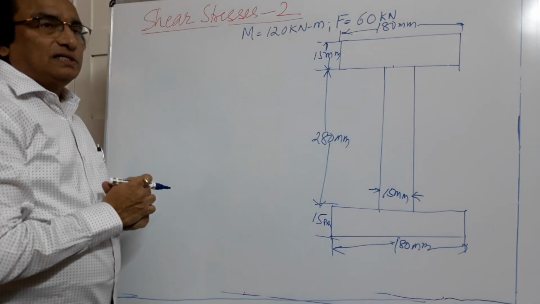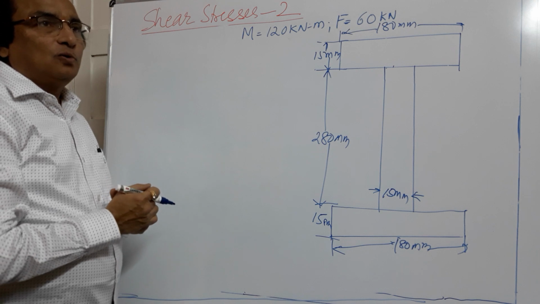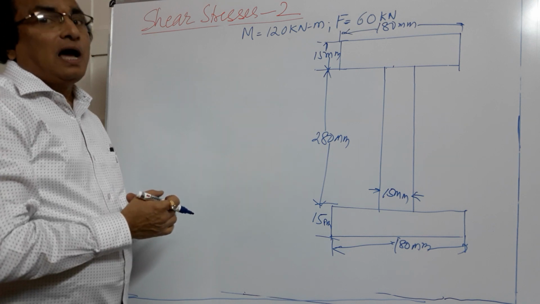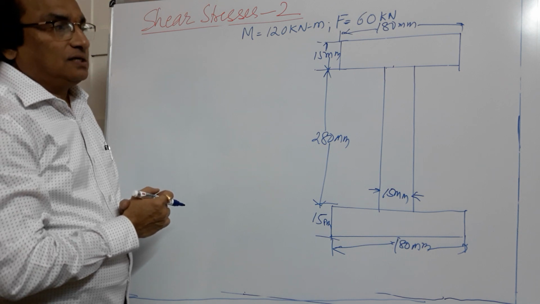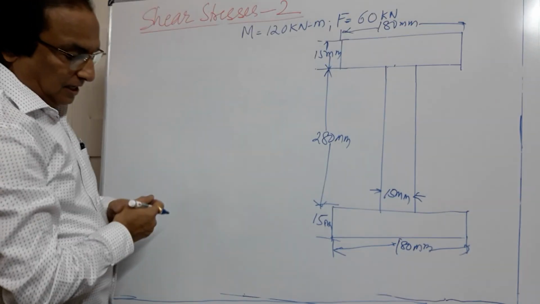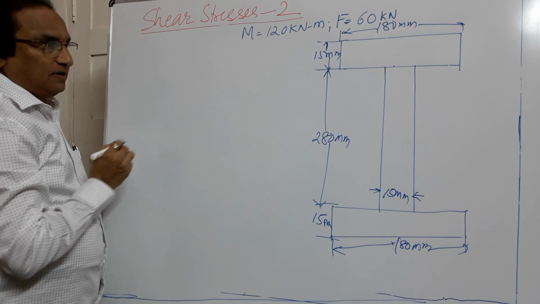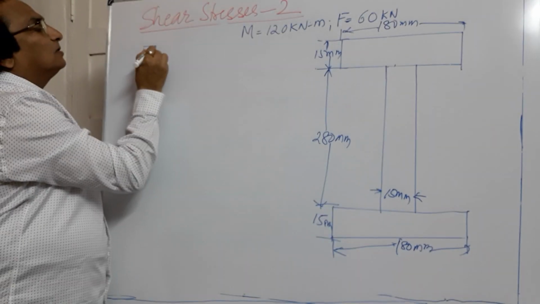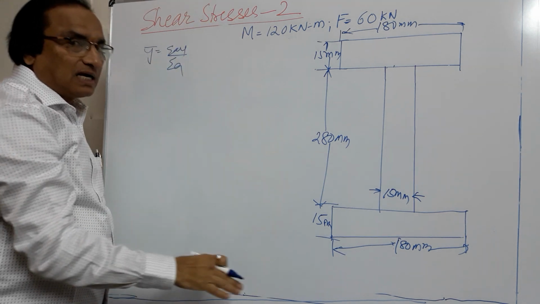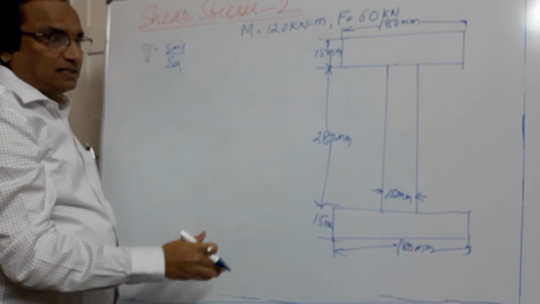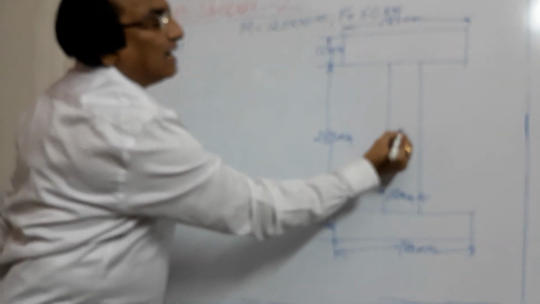This is a symmetrical I section. Whenever a section is given to you, you are required to locate the centroid of the figure and the moment of inertia of the figure about the neutral axis. We know y bar is given by sigma a y by sigma a. Since it's a symmetrical section about x and y axis, the centroid will remain at the center.